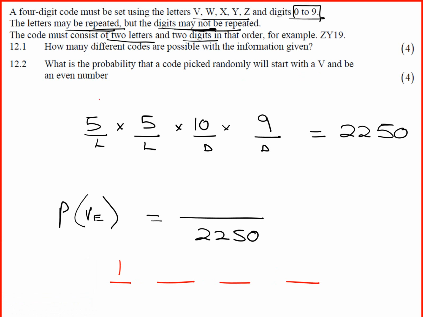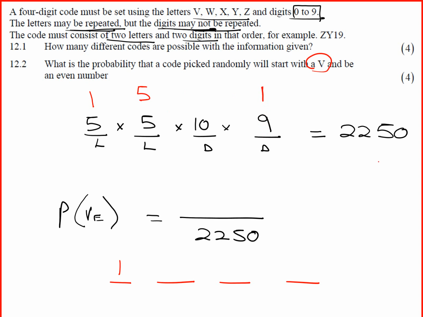Okay, let's work on the top actually. Where we had a letter was 5, that now changes to 1. And then your second letter, we still have 5 because we can repeat. Then, if we look at the digits, it says that it will start with a V and it must be an even number. Now we know that an even number must end with 2. So the last position only has one option. Okay, actually, that is incorrect.